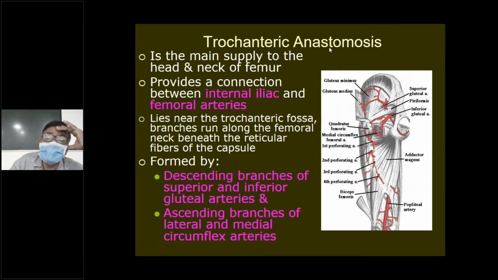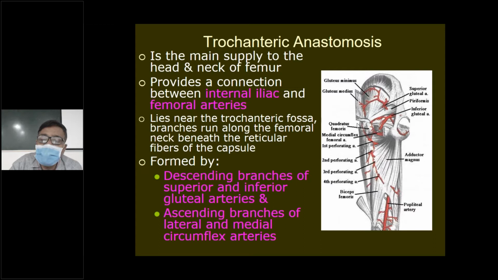The trochanteric anastomosis is concerned with the supply to the femur, head and neck. This is a way by which the internal iliac and femoral arteries can communicate with each other. The gluteal arteries are branches of the internal iliac, and the circumflex arteries are branches of the femoral artery. When branches from them anastomose with each other, this can be interpreted as anastomosis between the internal iliac and femoral arteries.